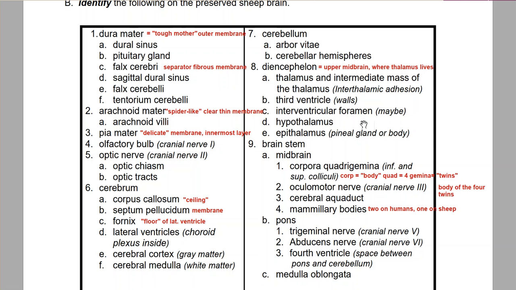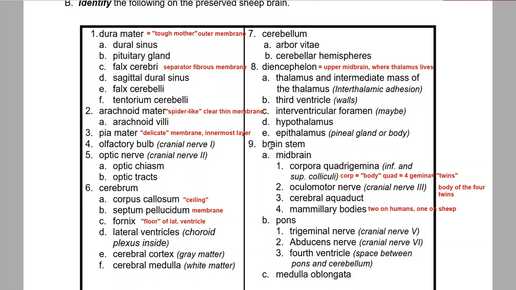Interventricular foramen is the little opening between the two ventricles that sometimes you see. Hypothalamus, remember, that's the region below the thalamus. So thalamus is circular, and hypothalamus is a little rectangle that's leading out to your pituitary gland. Epithalamus is another name for your pineal gland that's in the posterior side of your thalamus.